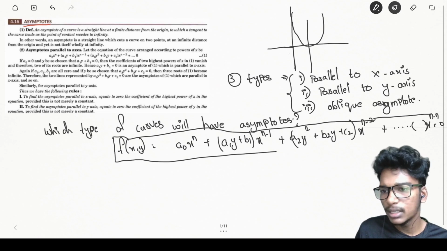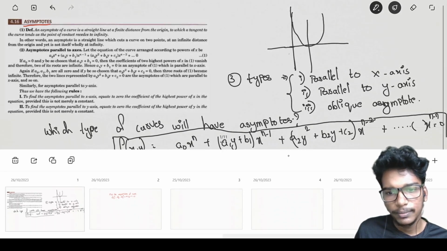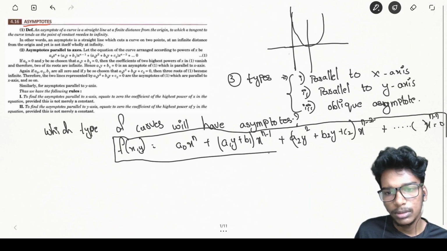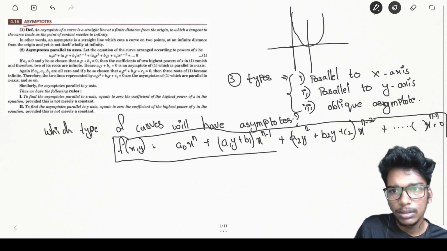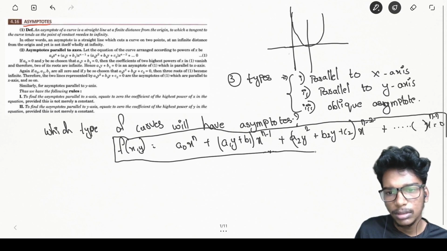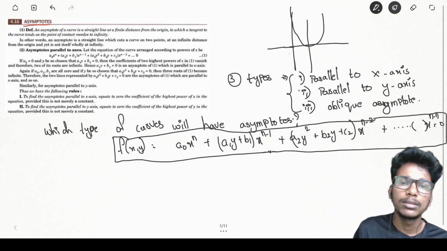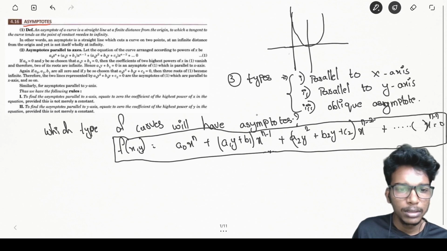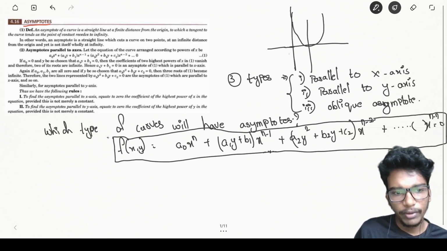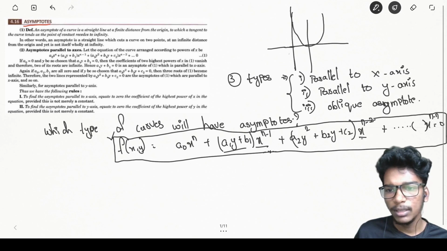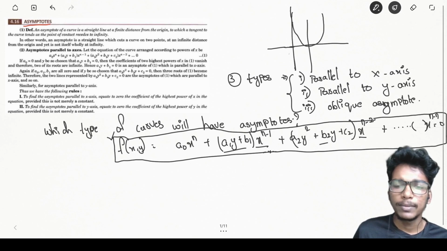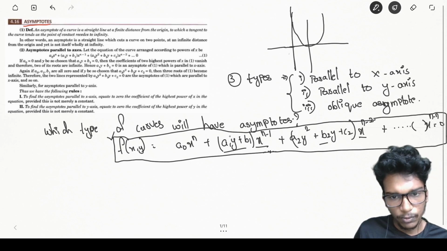If it's not in this form, then we can say it's not going to have asymptotes. To check whether the given function has asymptotes or not, the given function must be of this form. That means it must have an x power with a y coefficient, or in another way, a y power with an x coefficient.